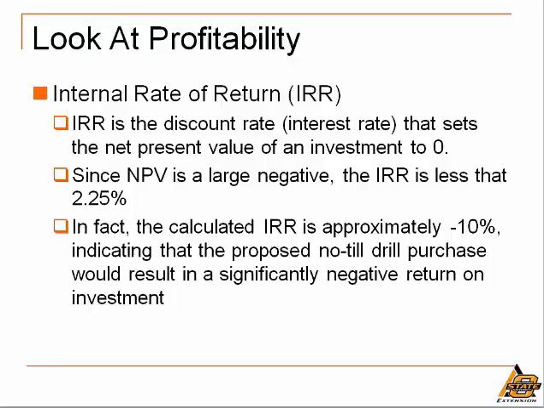We know without even running the analysis that IRR has to be less than the 2.25% used in the original NPV calculation, because using 2.25% resulted in a large negative NPV. So the internal rate of return has to be lower than that. In fact, the calculated internal rate of return turns out to be approximately negative 10%, indicating that the proposed no-till drill purchase would result in a significantly negative return on investment.